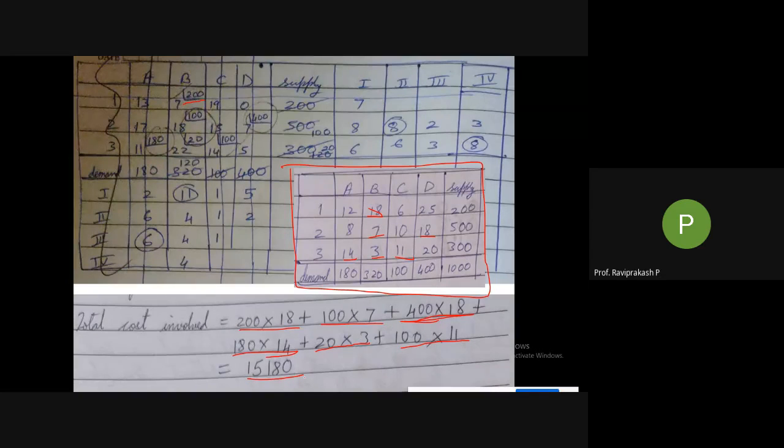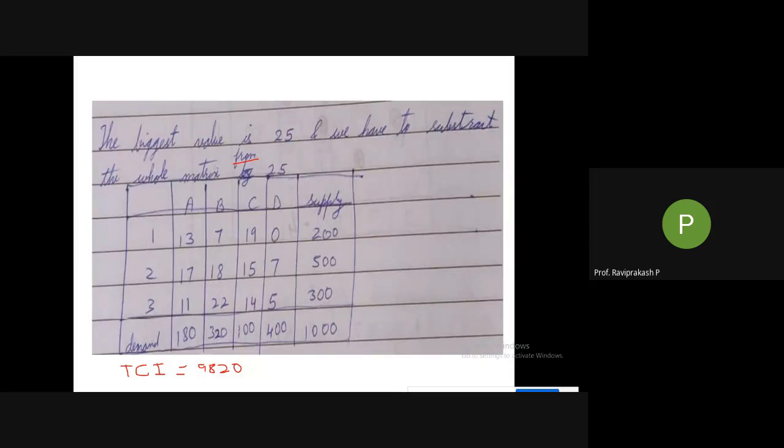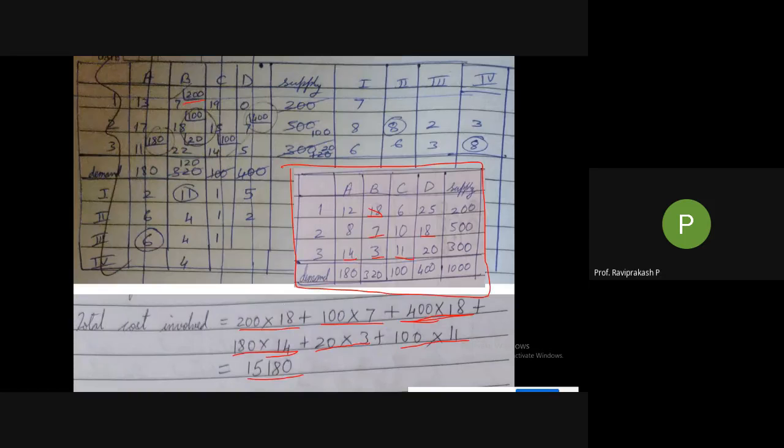Even I got confused for a second, like how many of the students were telling, how it is 9820. Suddenly I realized that you should not multiply it with this particular value here. For this assignment, it is the original matrix with which we need to multiply the allotments. So don't get confused.